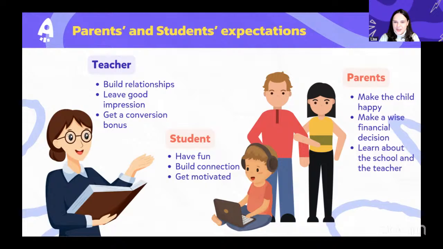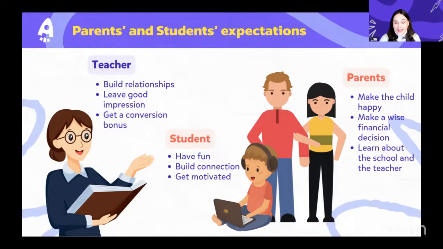Of course, teachers also have a lot of expectations out of trial classes. So that's why there are so many expectations to be met. And the perfect trial lesson is when everybody is happy, of course. But at the same time, we understand that it's a stressful experience for teachers, but also for students, because you can imagine how stressed out you are.